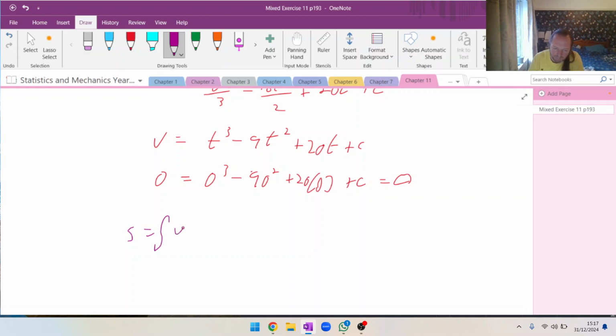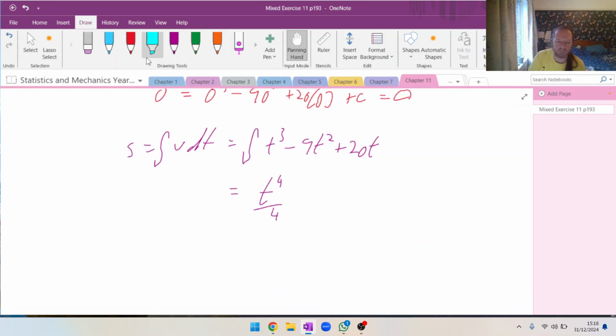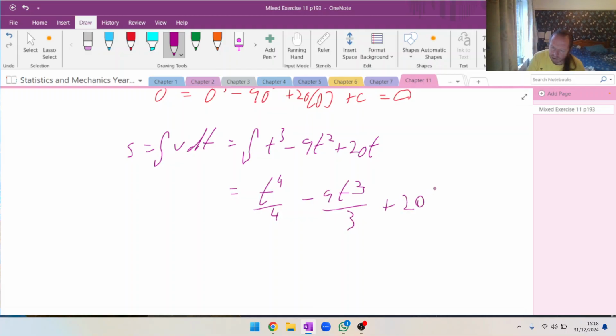Right then, so now we can say distance is equal to the integral of velocity in terms of time, so the integral of t cubed minus 9t squared plus 20t. Ignore the plus c because it's plus 0, and so we get t to the power 4 over 4, minus 9t cubed over 3, plus 20t squared over 2, plus c.